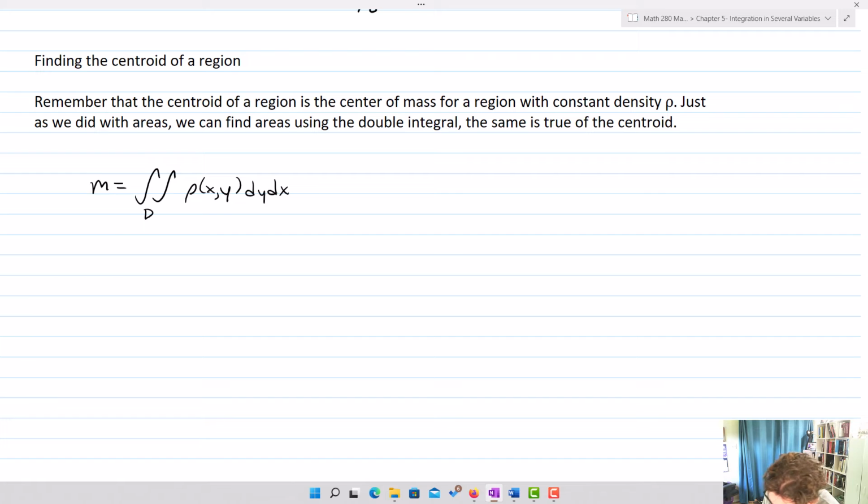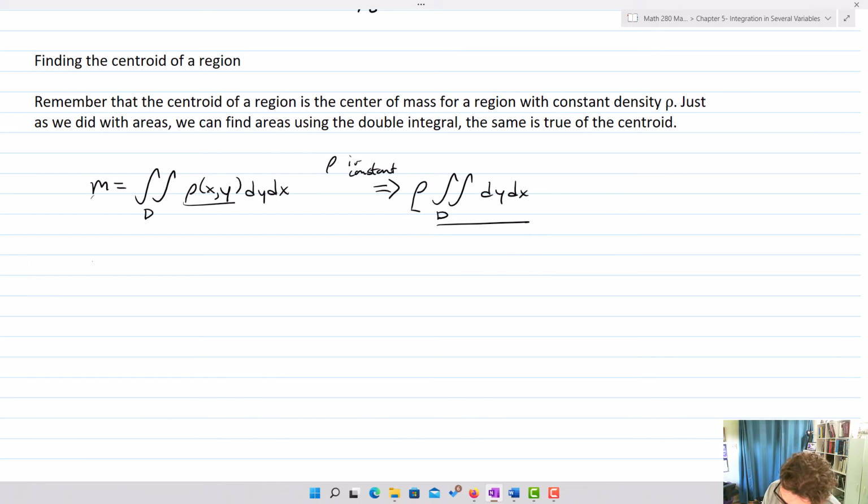And if rho is constant, we get rho times the double integral over D of dy dx. And this is just the area of the region times its density, done.